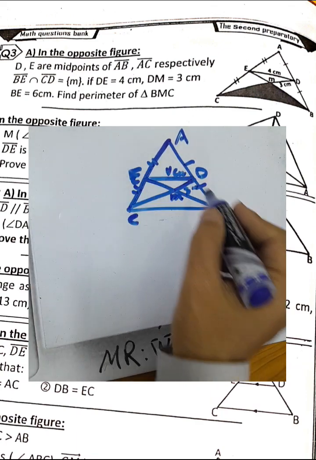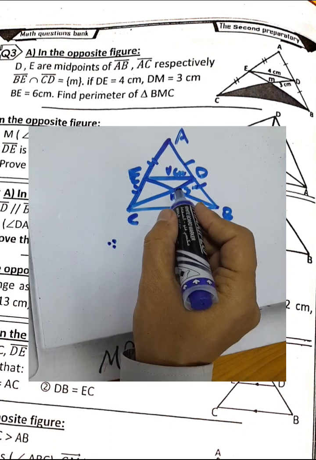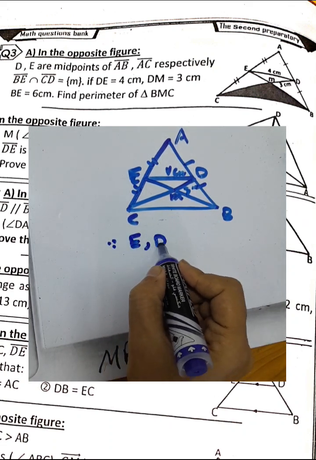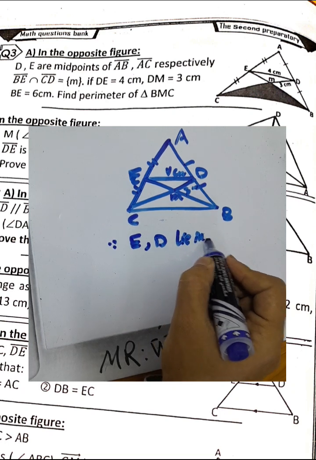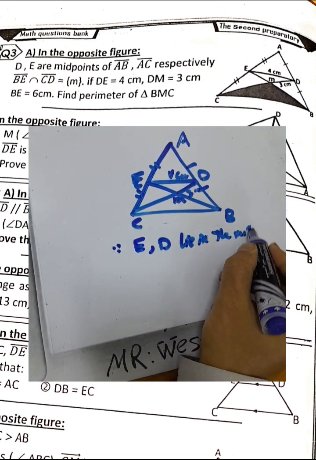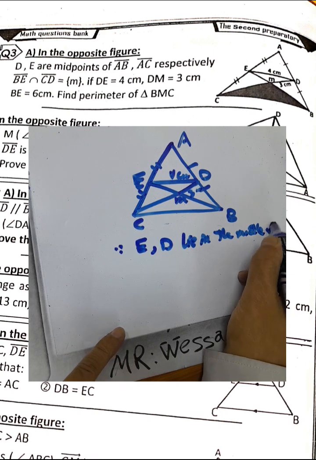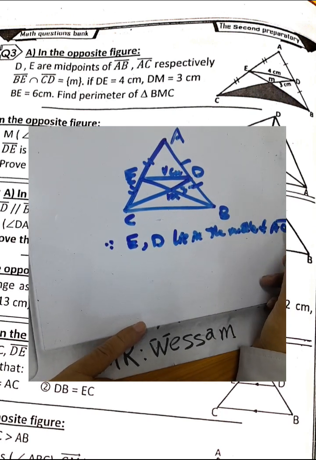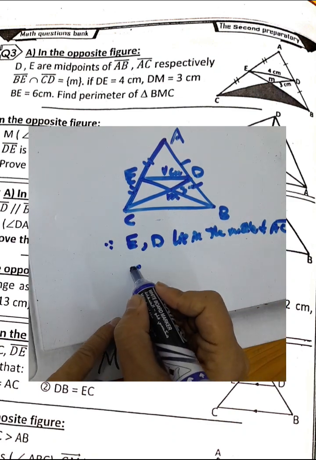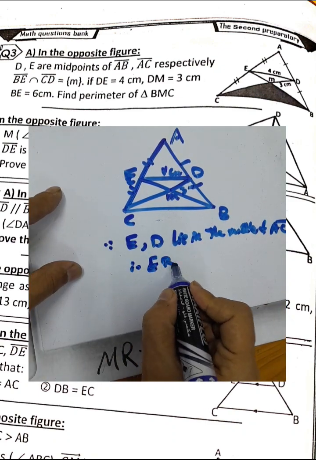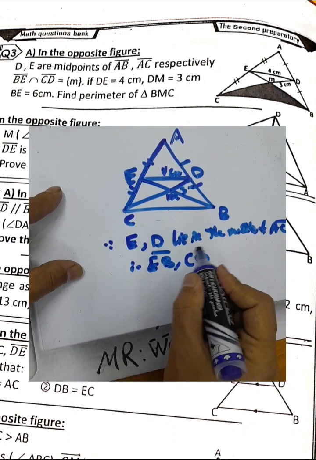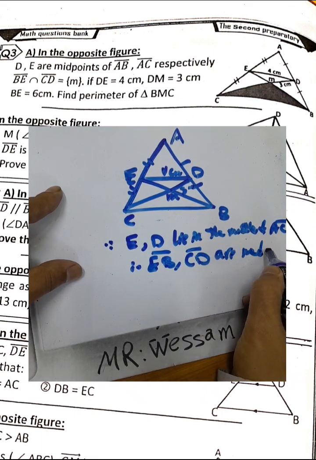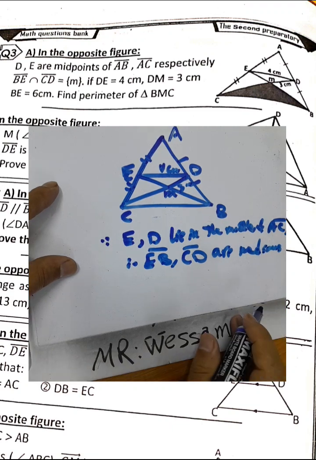Two medians intersect at the point M, such that D and E lie in the middle of EC and EP, then EP and CD are medians. We call them the medians.